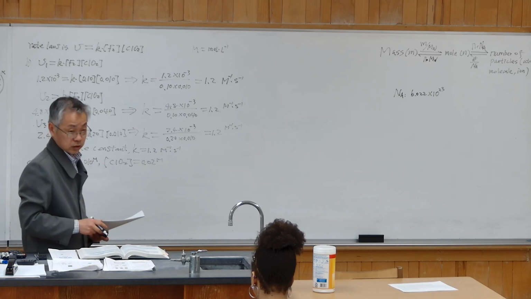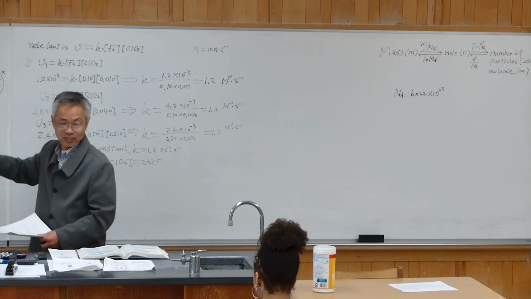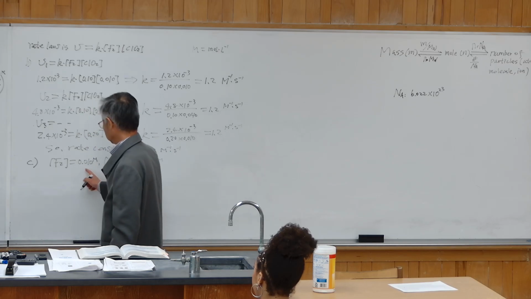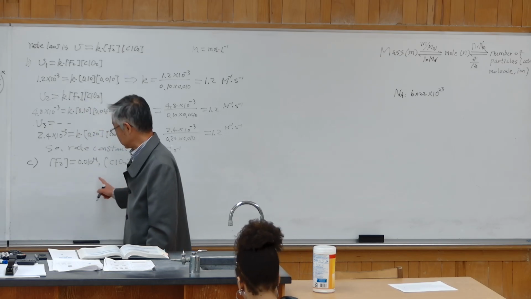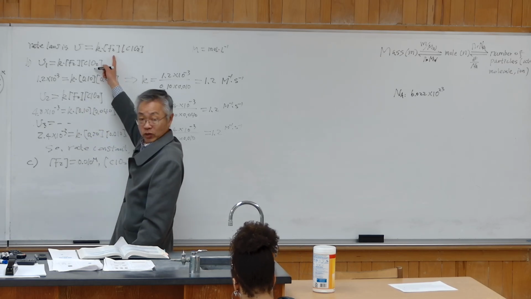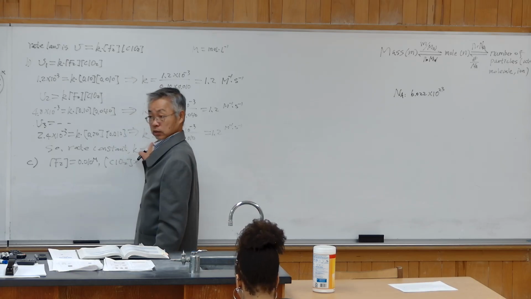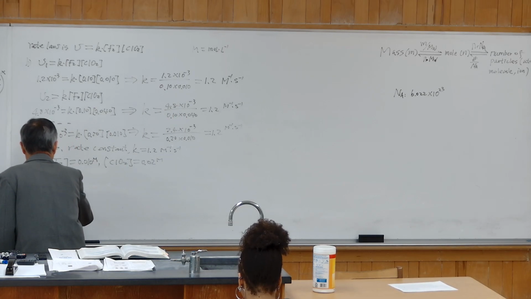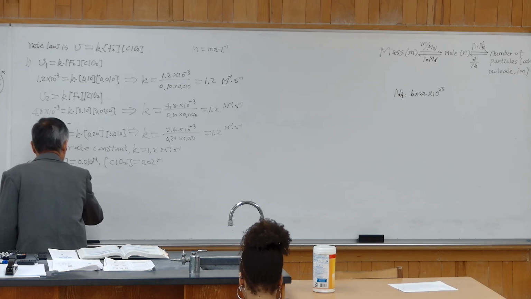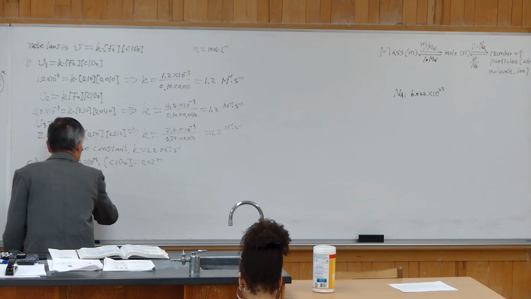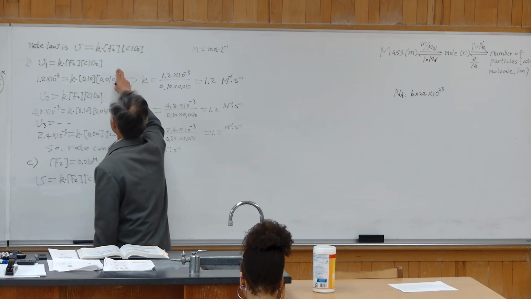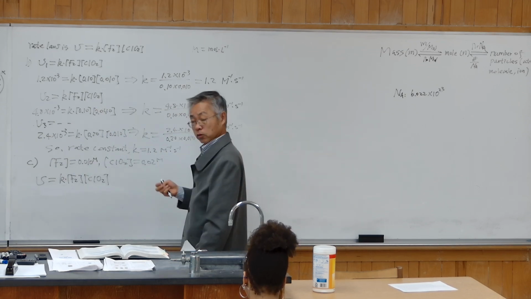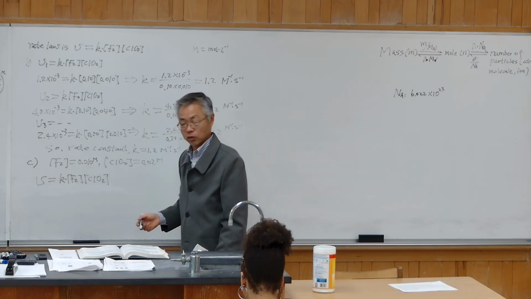ClO2 concentration 0.02 is not listed in this table. Otherwise, you would already have it, right? So when these two concentrations are given, we can use this rate law together with the k we just calculated to figure out the rate. The rate will be k times F2 and ClO2 concentration, right? This is the rate law. And k we just calculated all three as 1.2, then the average is still 1.2, right?